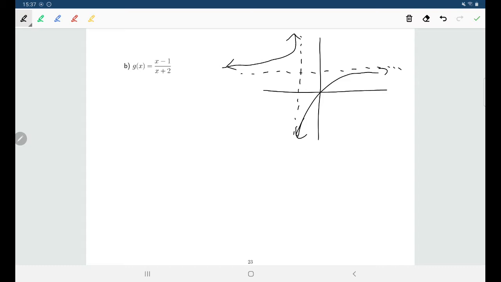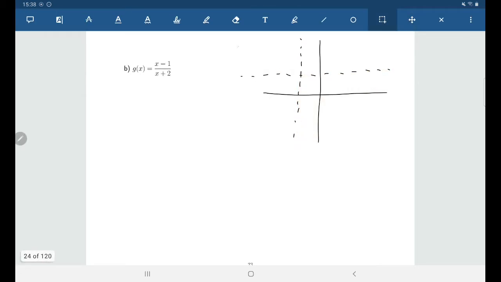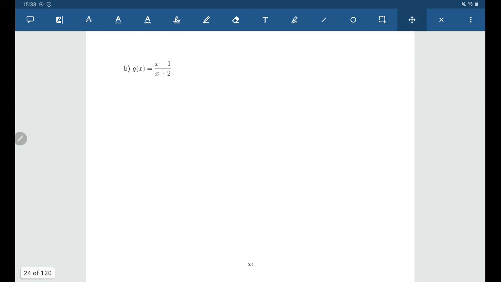It is, again, a one-to-one function. Any horizontal line would pass through your graph in at most one place. So because it's a one-to-one function, then we know that it should be invertible. And so therefore, we can find g inverse.